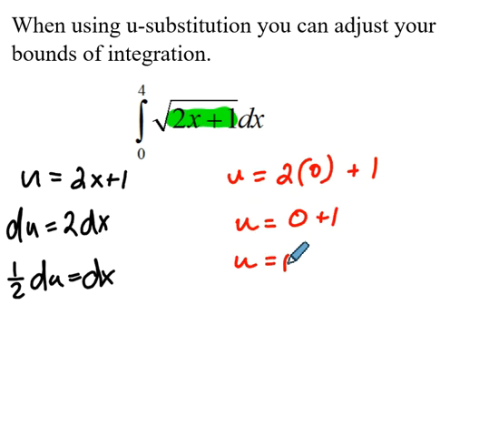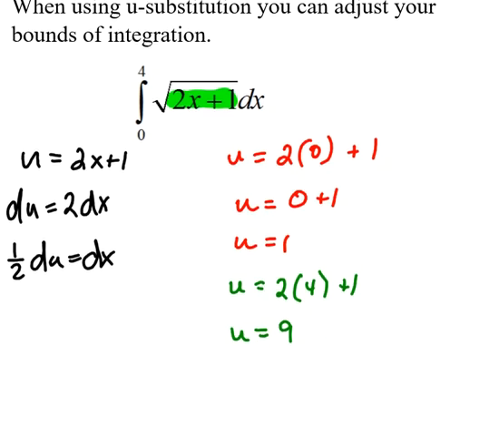You want to be careful to make sure you put them in the same spots, because depending on what my function is, you might end up having an integral that goes from something smaller to something greater, or you might have something that goes from something greater to something smaller.